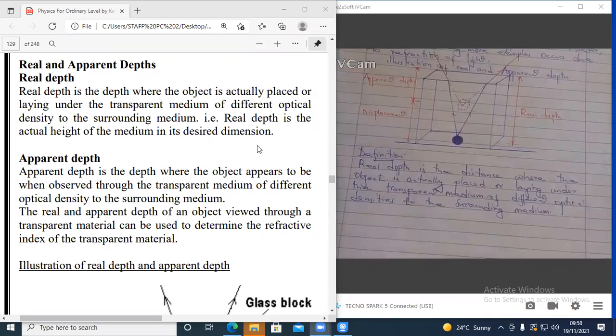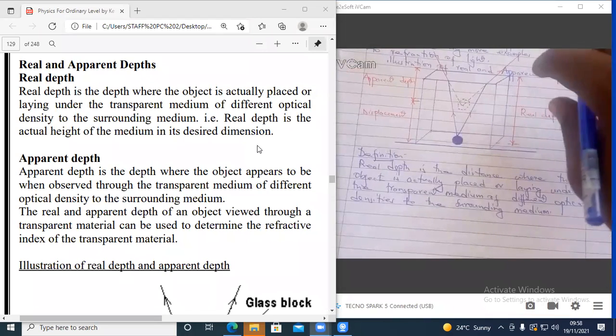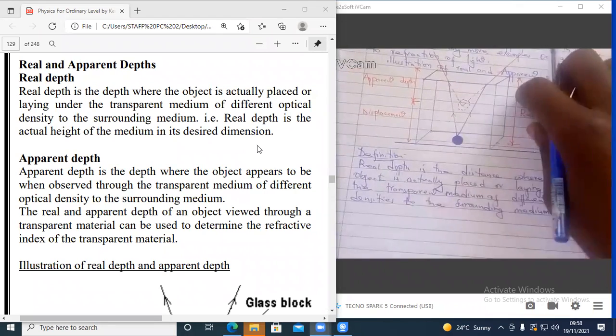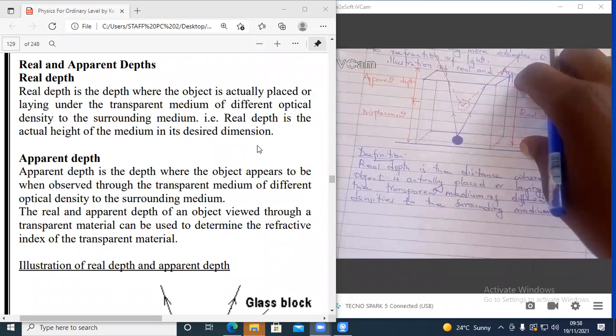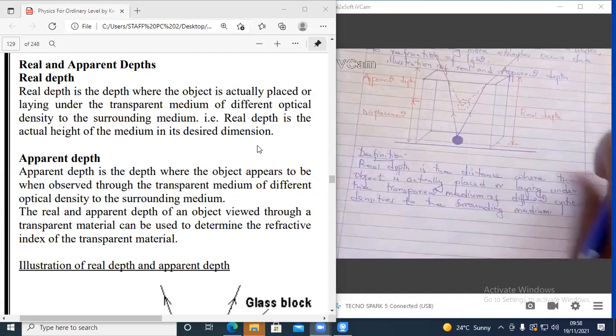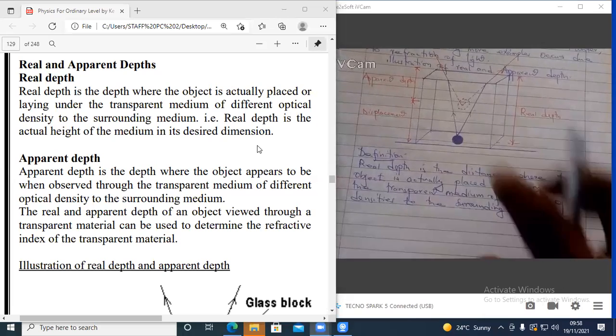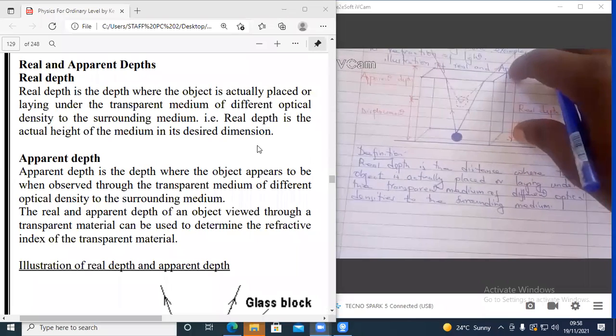So when they ask what is the real depth, it is the distance where the object is actually placed, under the transparent medium of different optical density to the surrounding medium. So this is the actual distance.